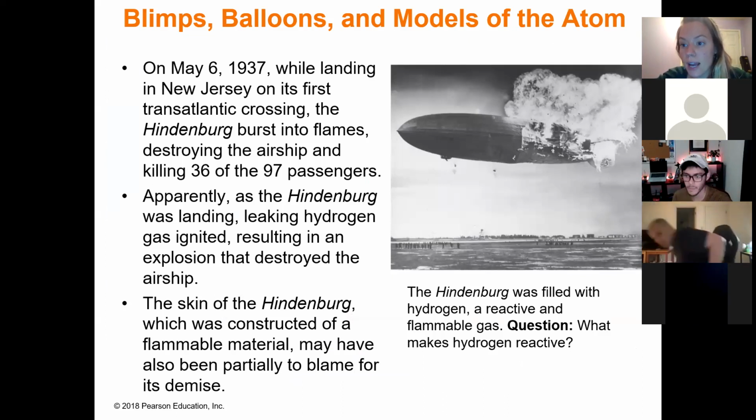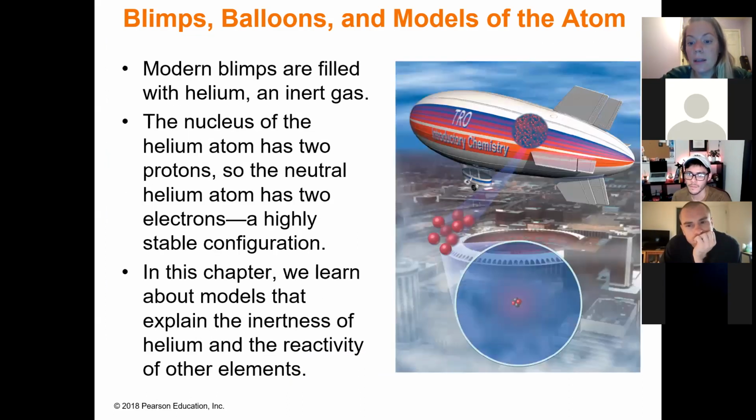And hydrogen is super reactive and very, very flammable. So we don't fill balloons with hydrogen, we fill them with helium. Even though they're neighbors on the periodic chart, they're really close to each other. They're in separate columns. Hydrogen is super reactive. Helium, on the other hand, which is a much better choice for balloons, has a stable configuration.